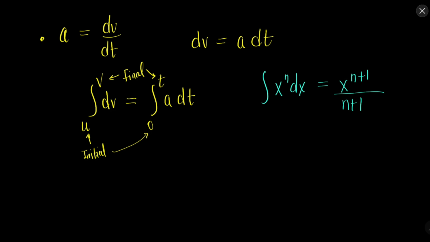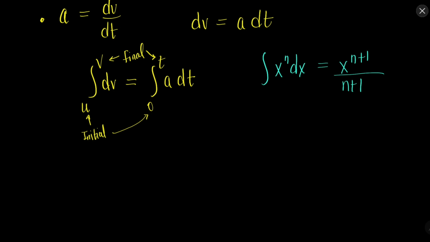We will use the same formula here. What is the power of v here? It is v to the power 0, because nothing is written here, so I can write 1 as v to the power 0. Why v? Because I want dv. I am integrating with respect to v, therefore I write v to the power 0.